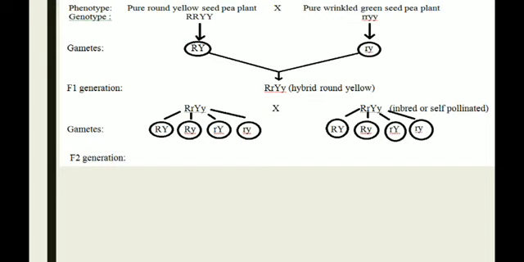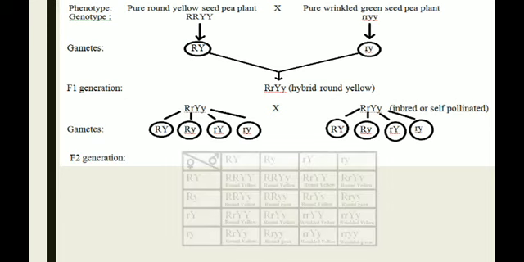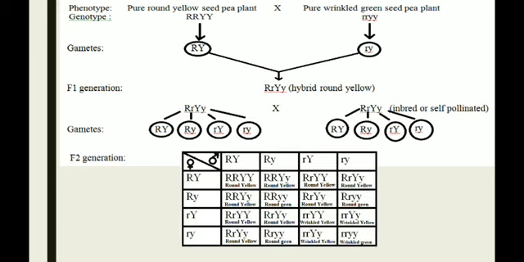The gametes are RY and another gamete ry. In the F1 generation, the hybrids were round yellow, in the heterozygous condition RrYy. After selfing, he got the F2 generation. The phenotypic ratio is 9:3:3:1.